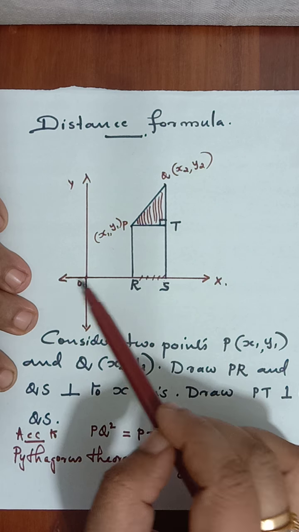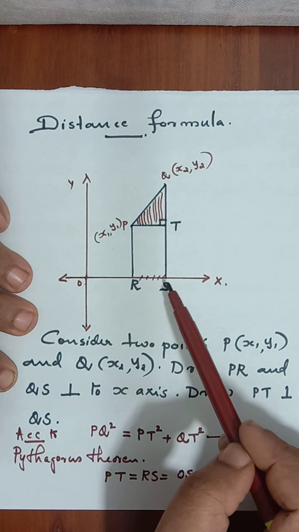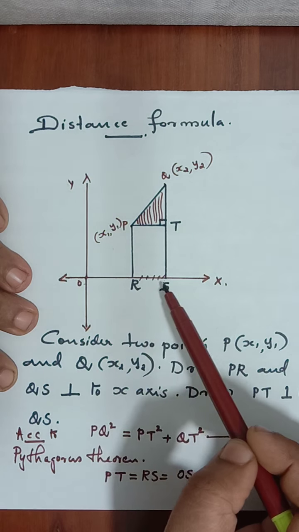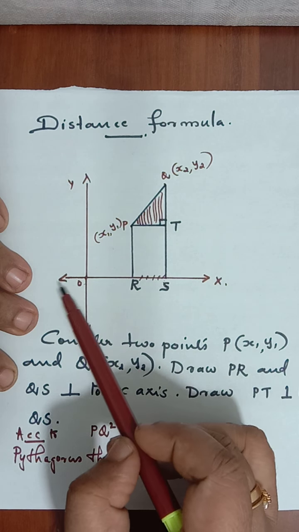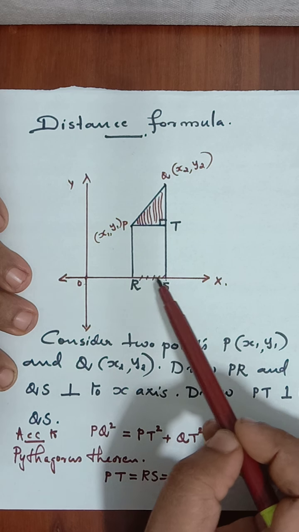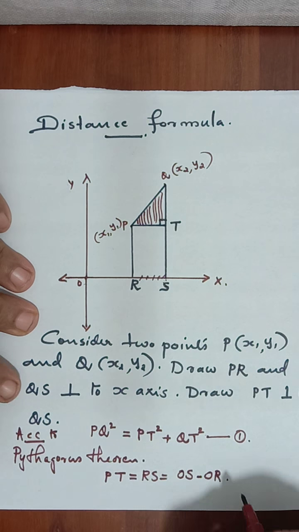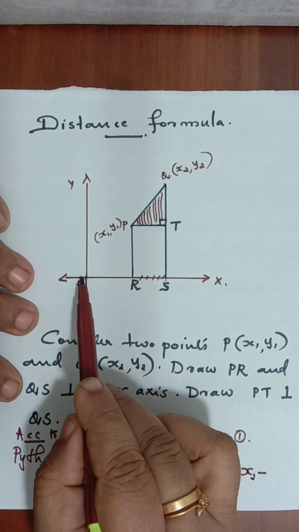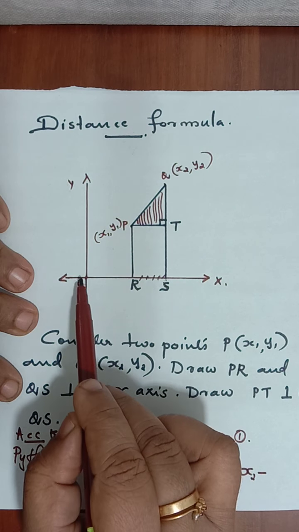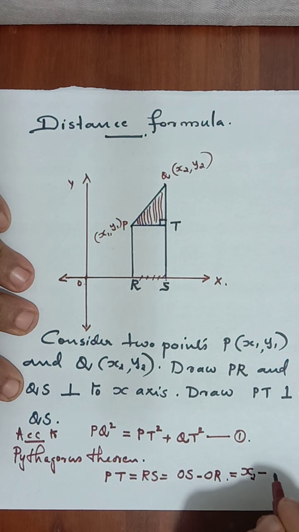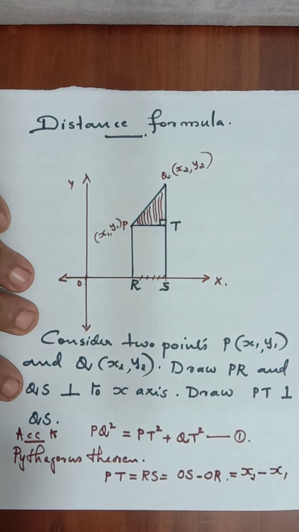The distance from the y-axis is always called the x-coordinate. So OS is x2, the distance from the y-axis to S. OS is x2 minus OR, the distance from the y-axis to R, that is x-coordinate x1.